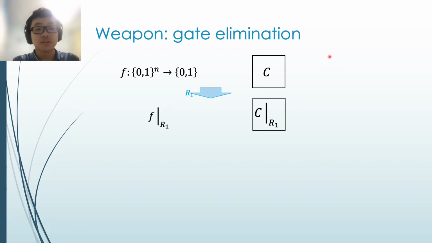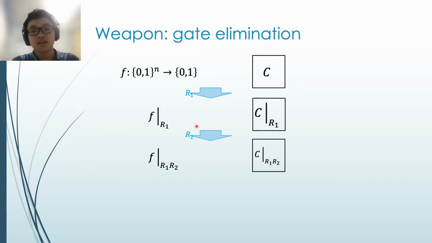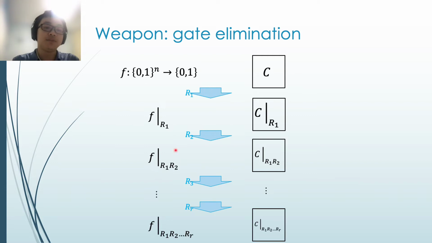We call this restriction R1, and we get a restricted function f restricted to R1. And now we can transform the original circuit C to some other, might be simpler circuit C restricted to R1, computing this restricted function. We do this process again and again, and we repeat it little r times, and we get a function f final and a new circuit C final.